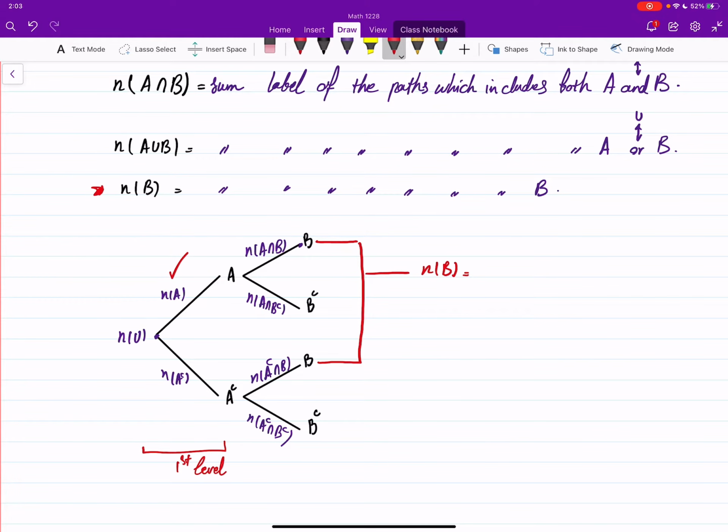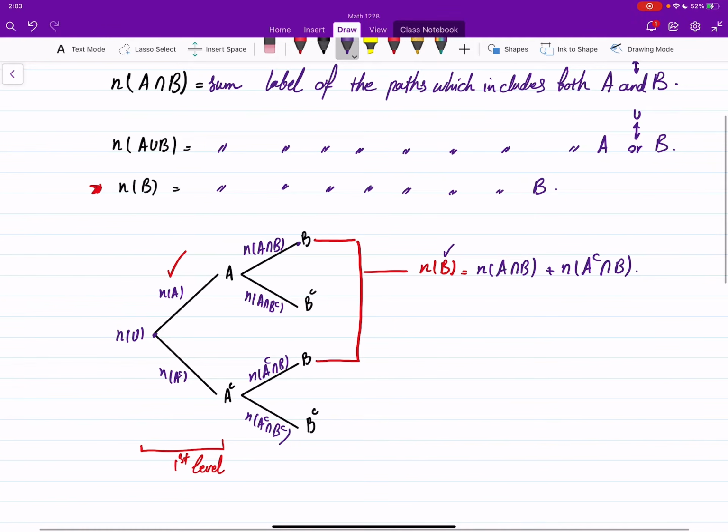And if you look at the labels, the first one has n of A intersect B, plus the second one has A complement intersect B. This was actually one of the formulas we had, yes? So you partition your set B using another set and its complement. But when it comes to the trees, it's right away. You just find all the paths which include B and add them.